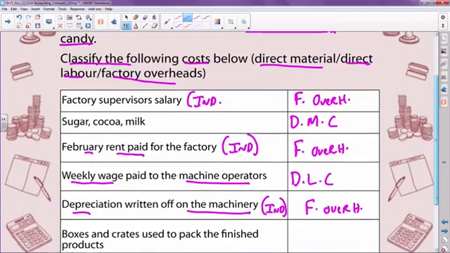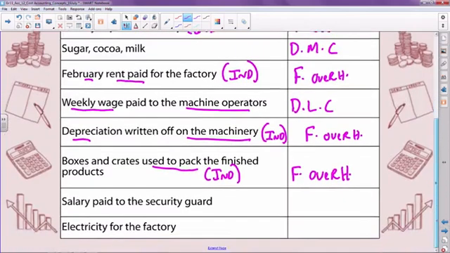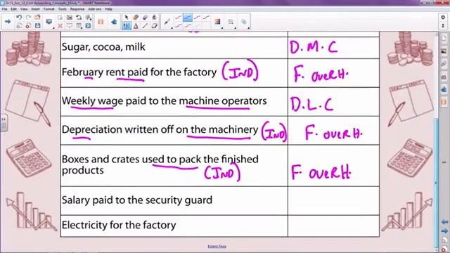Okay, right. Next item, boxes and crates that are used to pack the finished products. Okay, so this is obviously materials that are used to pack the finished products, and this would be classified, because it's indirectly related to the production process, as factory overheads. Okay, right, next item, the salary paid to the security guard.